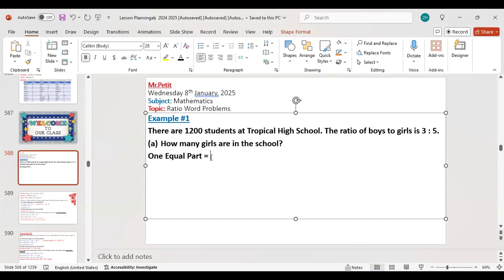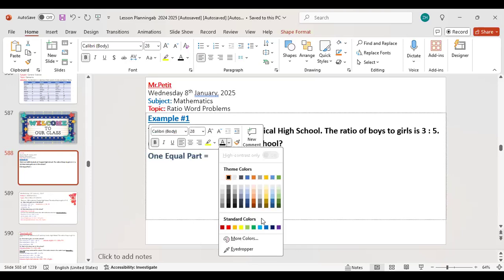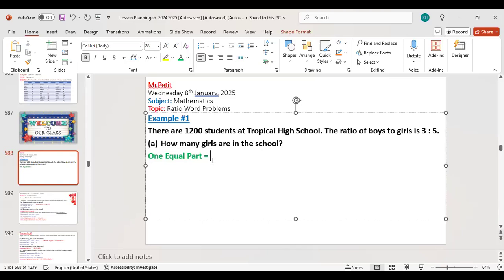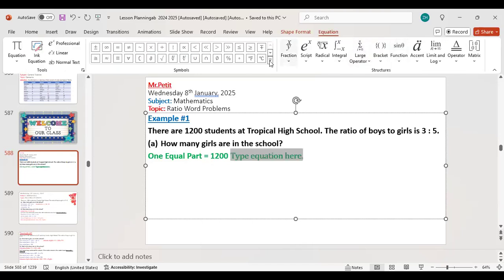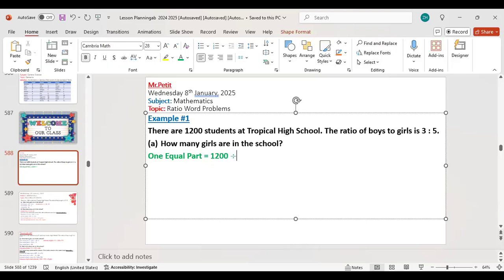So 1 equal part is going to be what? How do we calculate 1 equal part? That's going to be 1,200 divided by 5 plus 3.